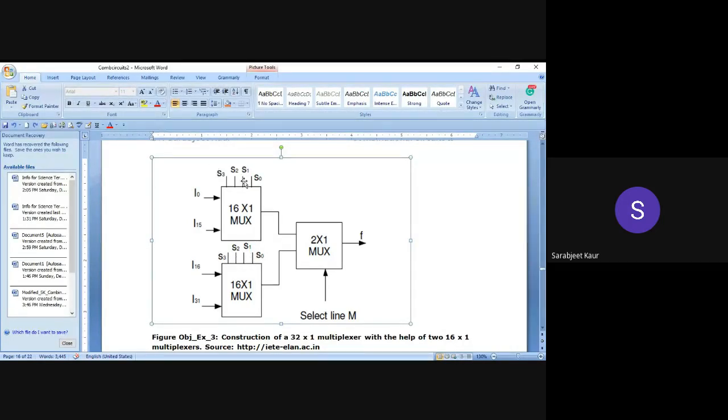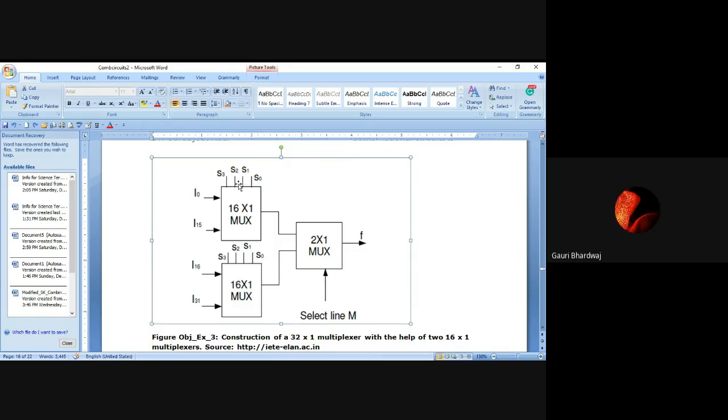The four selection lines are in place. How do I insert the fifth selection line and make it actually function like a 32 cross 1 mux? Is the problem clear to you? Yes, ma'am.